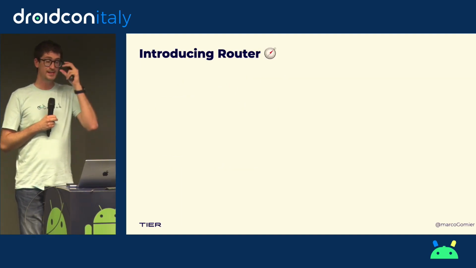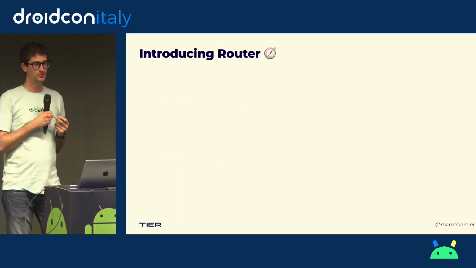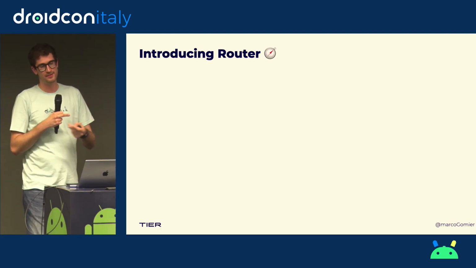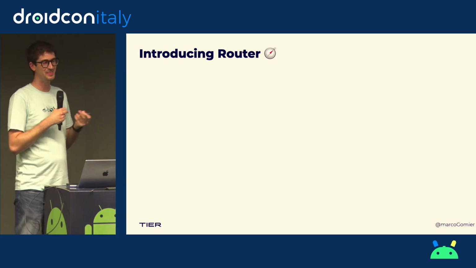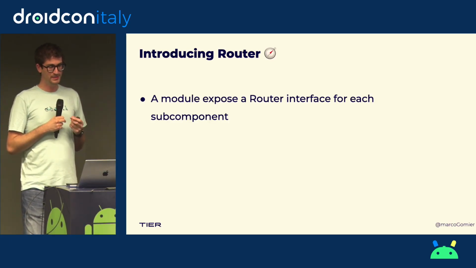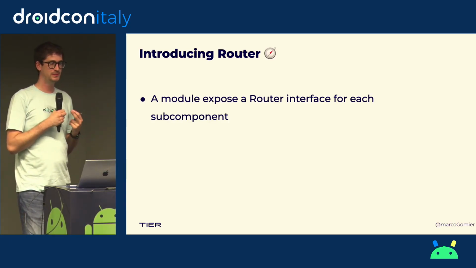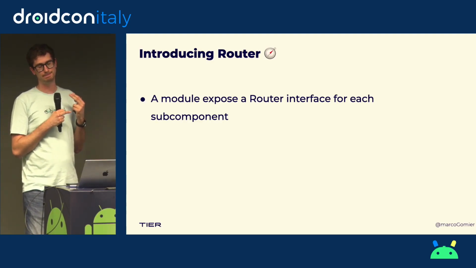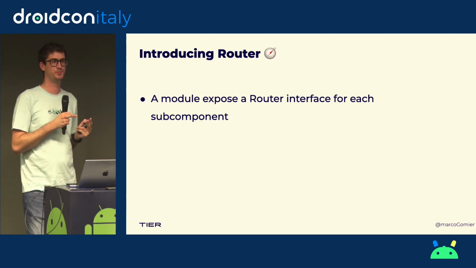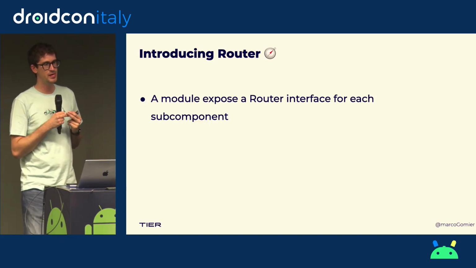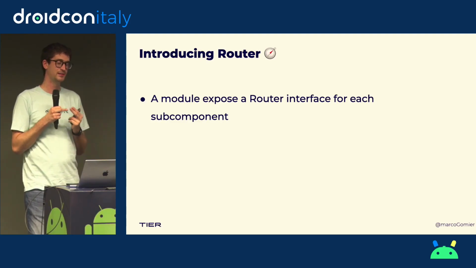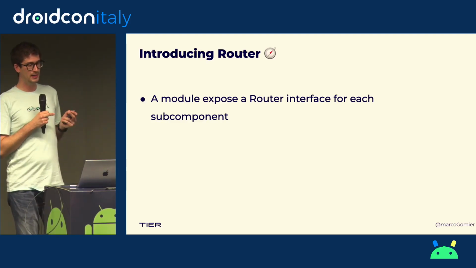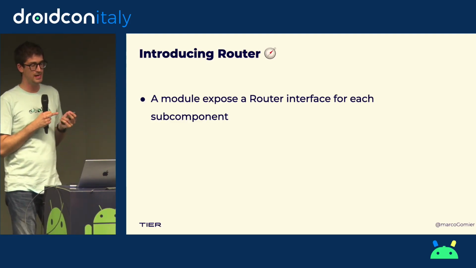So in order to do that, we introduced a new pattern for us, because a router is not something complex or new. Basically, what we thought is that if a feature wants to expose a specific subcomponent, so in our case, if we want to expose a customer support fragment, we must also expose our router for that subcomponent.